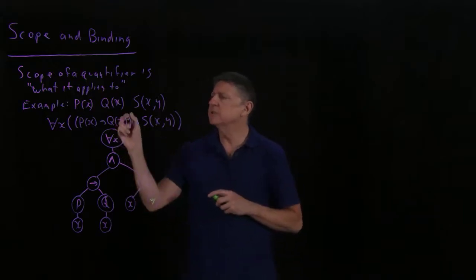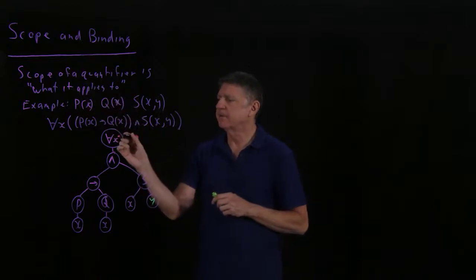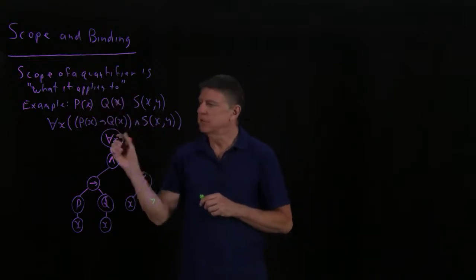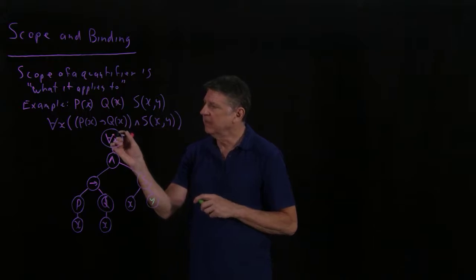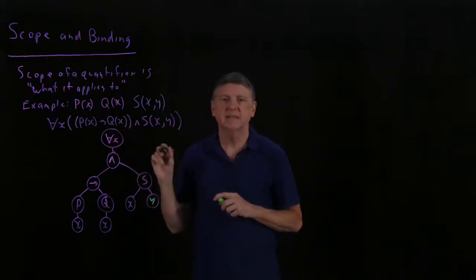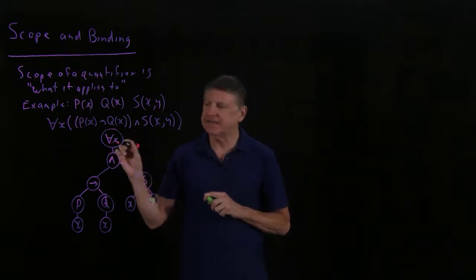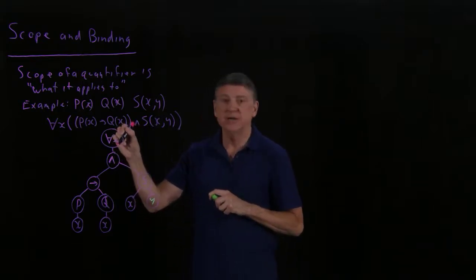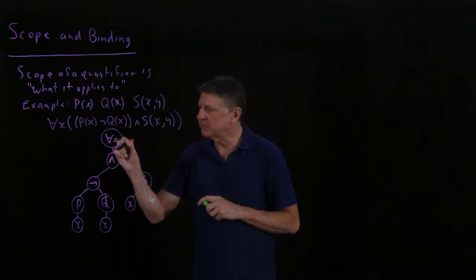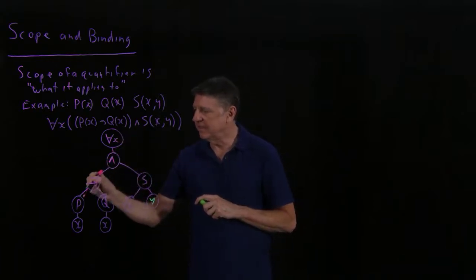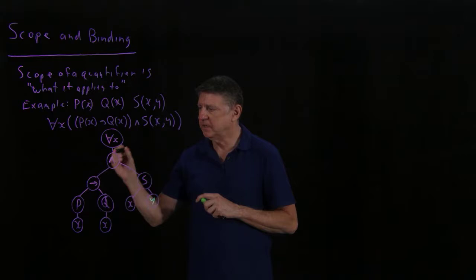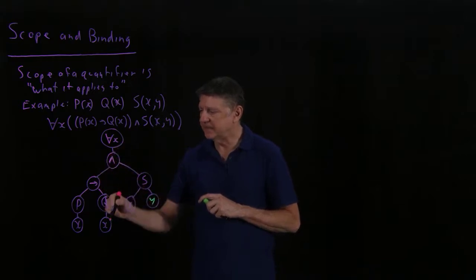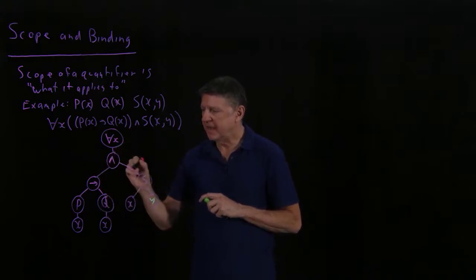What we mean by the scope of a quantifier is what it applies to. So for example, here, the scope of the for all x is every x in the parse tree underneath it. As we go down, we see that that x is within the parse tree, and that x, and that x.